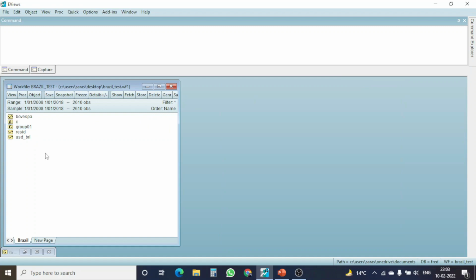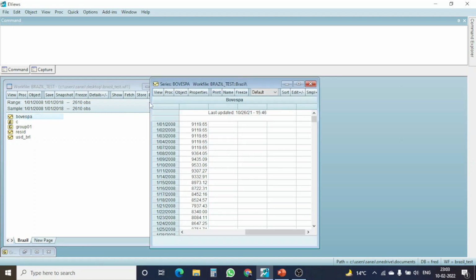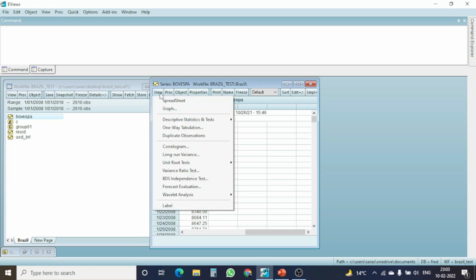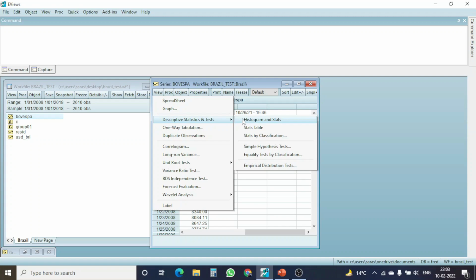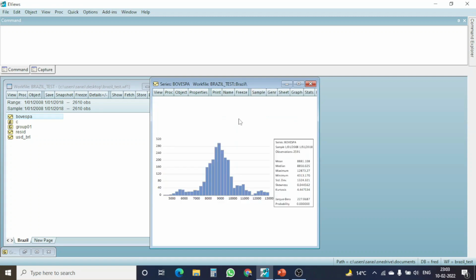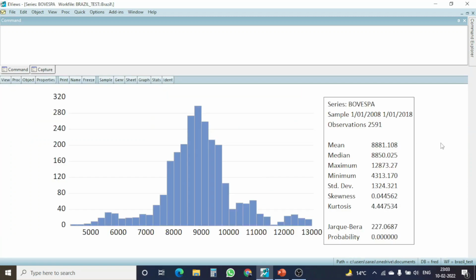But now moving ahead, we are more interested in the descriptive statistics. So how do we calculate? First, I open the Bovespa series, the Brazilian stock market index. I go to view, descriptive statistics and test, and I click on the first option, histogram and stats. Once I do this, it provides me a histogram, which is the very first tool of descriptive statistics as we discussed just now.